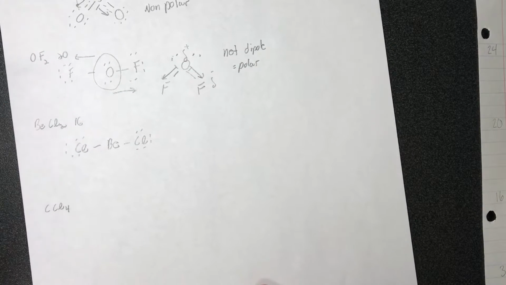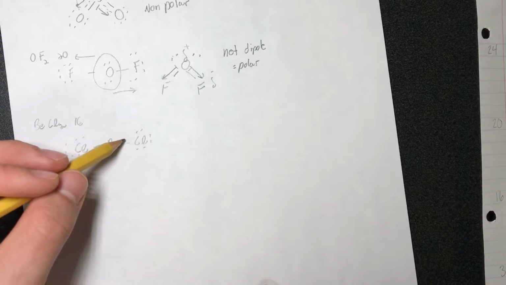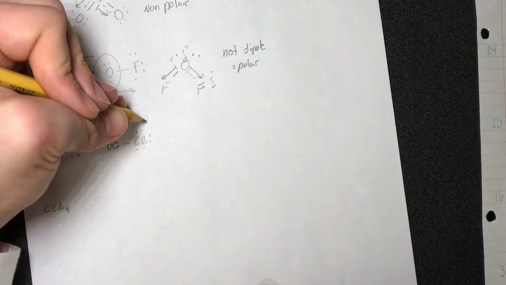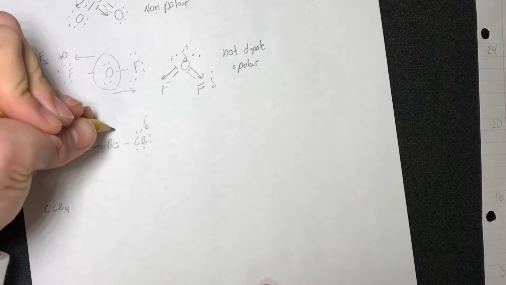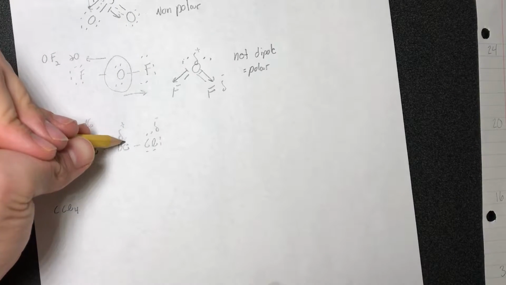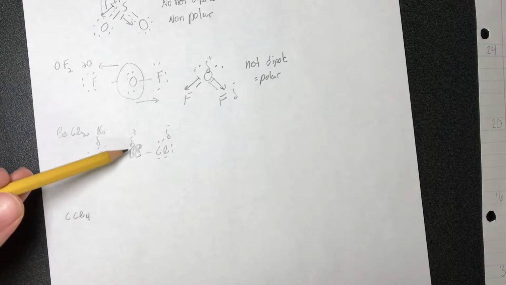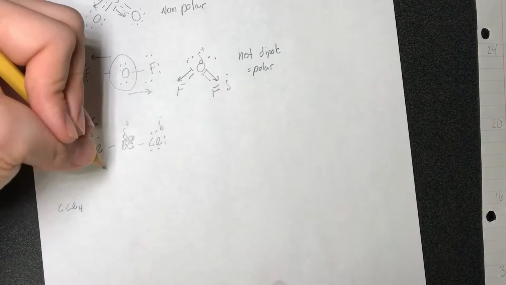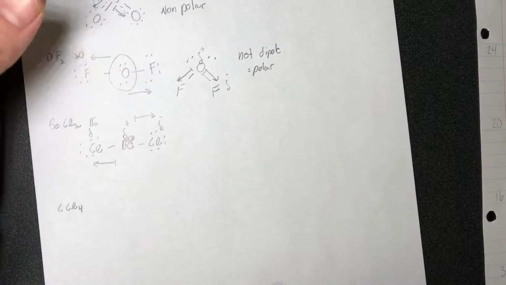And what we're going to see here is that since these chlorine atoms are more electronegative, they're going to have a slightly negative charge. And this Be is going to be slightly positive. But since there are no non-bonding domains, unlike the oxygen, another common misconception here, these net dipoles are going to cancel. Because this is bent.